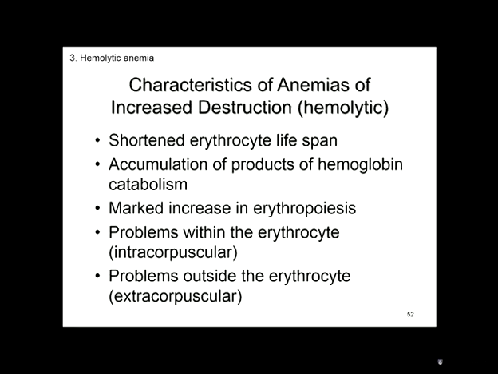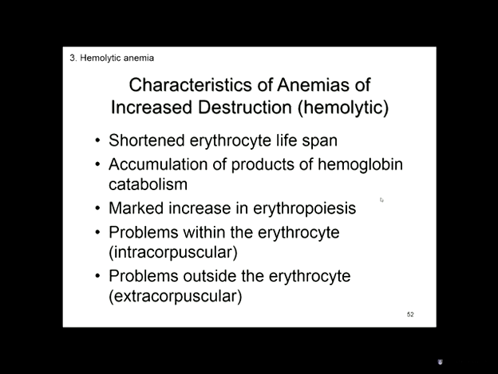So the lifespan is shortened, and because of the lysis, which can occur both in the bloodstream and in the spleen, products of hemoglobin catabolism accumulate just about everywhere. They accumulate in the spleen, in tissues, in the blood, and they can spill into the urine. So you have manifestations of that in all sorts of compartments.